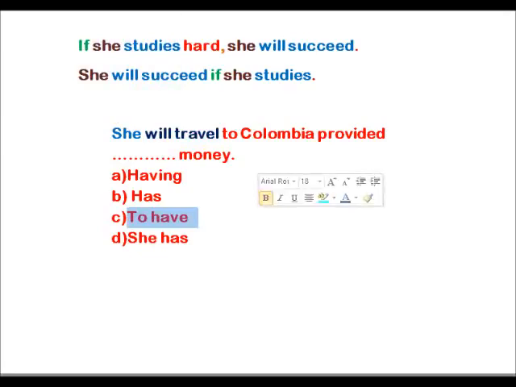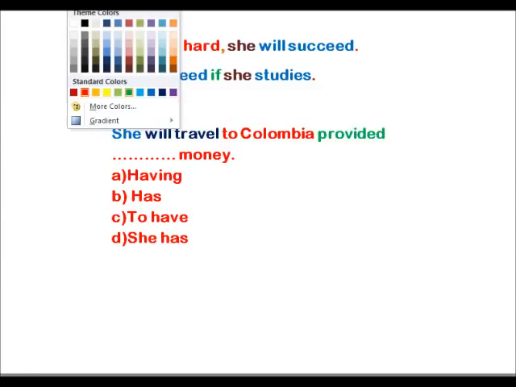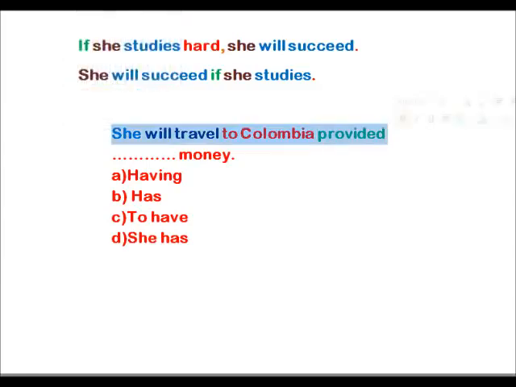And we've got a connector, which is provided. That's a connector. Let's give it a color here. Okay, so provided is a connector. So I've got she will travel to Colombia provided. So before the connector, I've got subject verb, which means that after the connector we need subject verb.